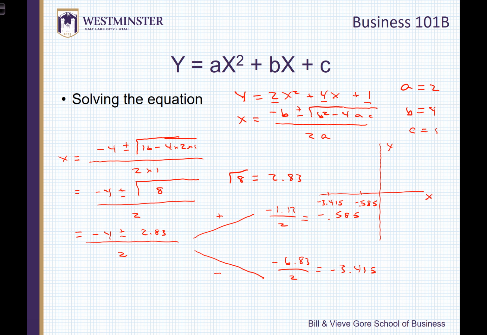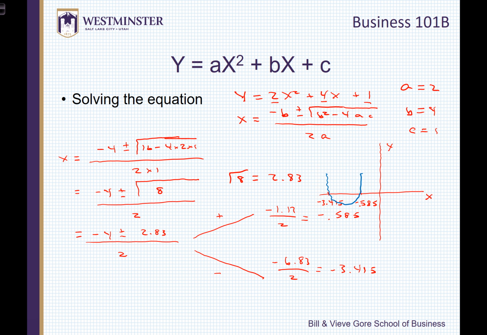And I believe now, having solved for these values of x, using the quadratic formula against a quadratic equation, I'm going to have a curve that's going to cross x at -3.415 and at -0.585. And as it turns out, knowing a little bit about this curve, it's going to look something along the lines of this.